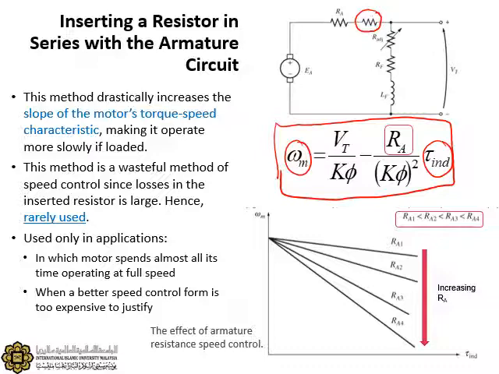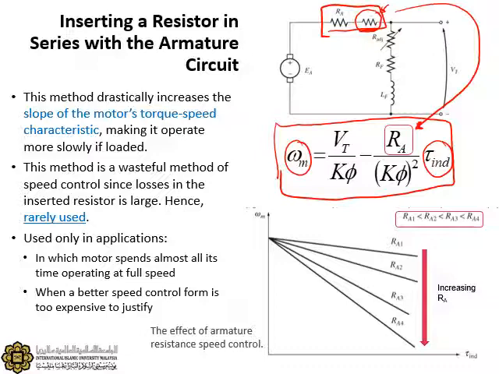Right, and if you remember, this is a line equation, with the bias and the gradient. So when we insert this new resistor here, effectively we are changing the armature resistance, the total armature resistance, which is in this case actually this value here.